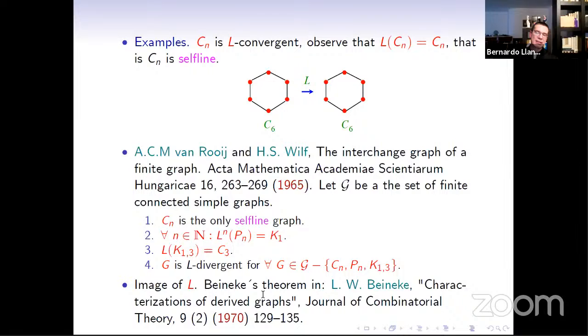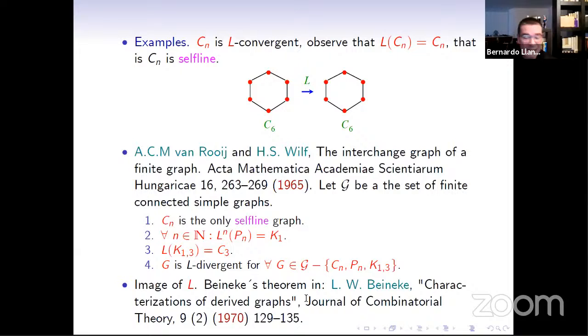This Beineke's theorem says that a graph is a line graph of some graph if it does not contain one of nine forbidden induced subgraphs. It's a kind of minor theorem. In some way, you don't allow some prohibited subgraphs.